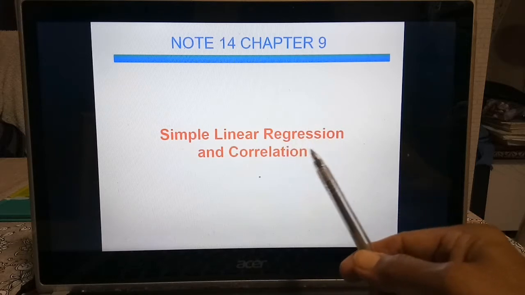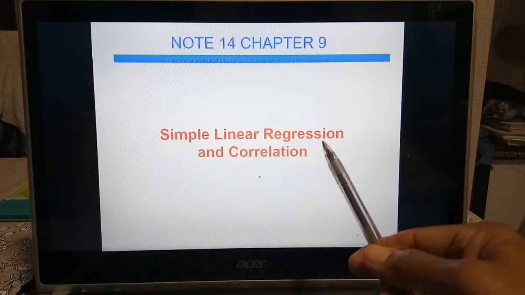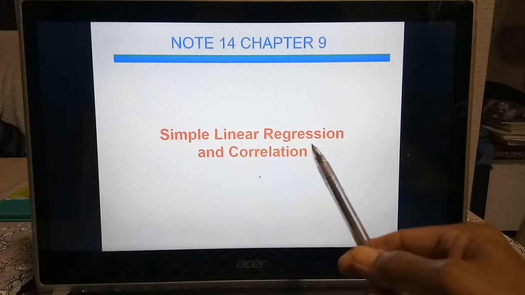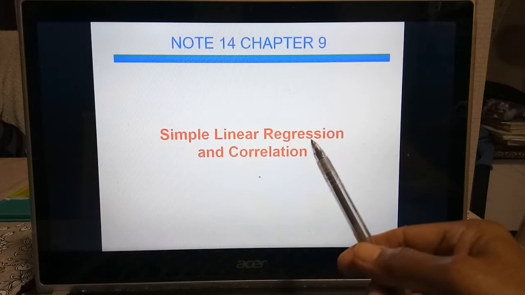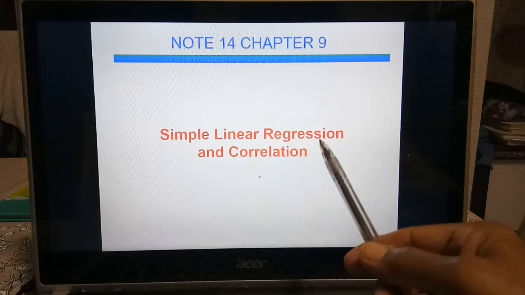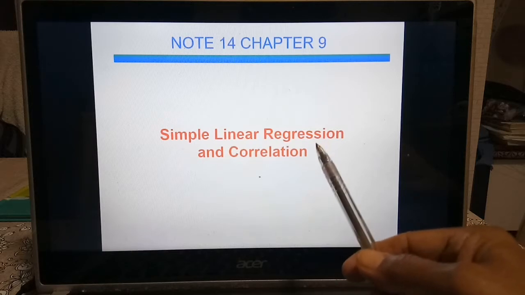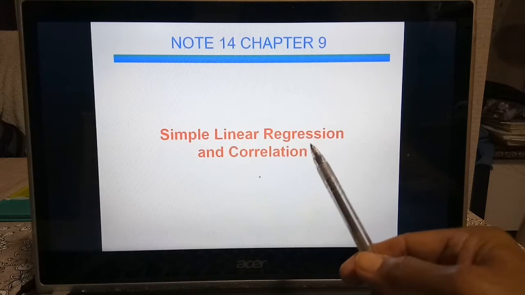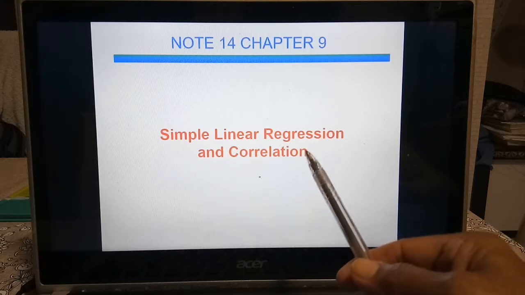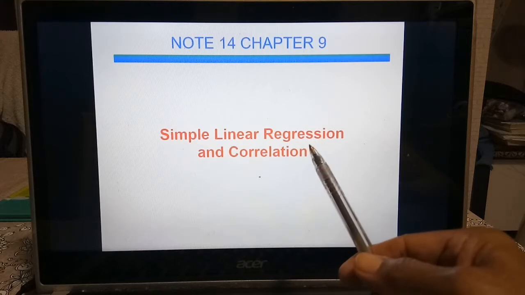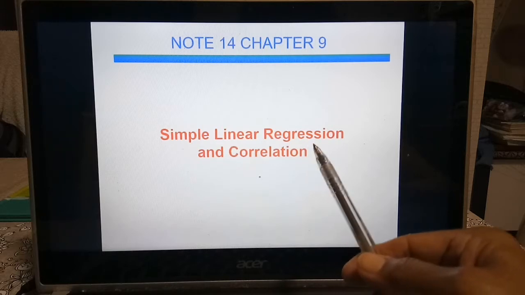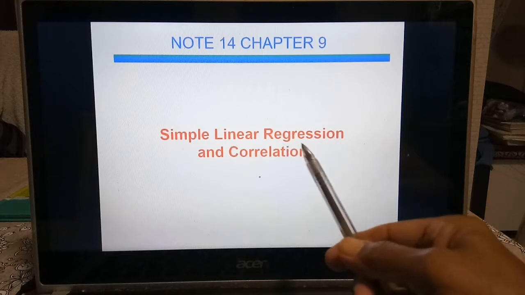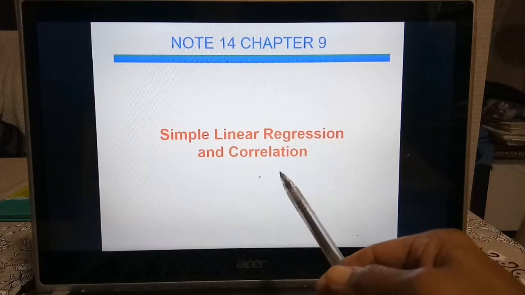It is about building the relationship, represented by the regression equation. From the regression equation we can predict the future value of the dependent variable based on the input given to the independent variable x. This is based on the equation of the regression line.